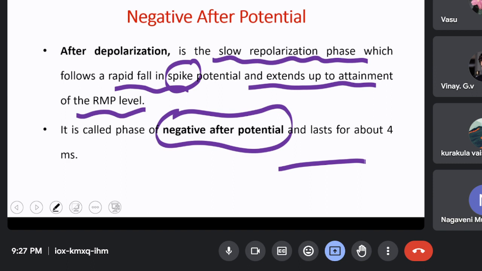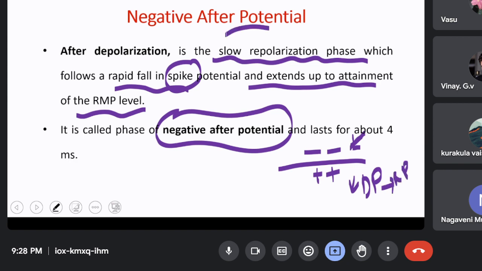Why is it called negative after potential? Because there is negativity outside. Positivity due to depolarization. What happened? There is a reversal of charges. This reversal of charges is caused by depolarization, where there is negativity outside, and the electrode is placed outside and measured at that point. So depolarization is followed by repolarization.